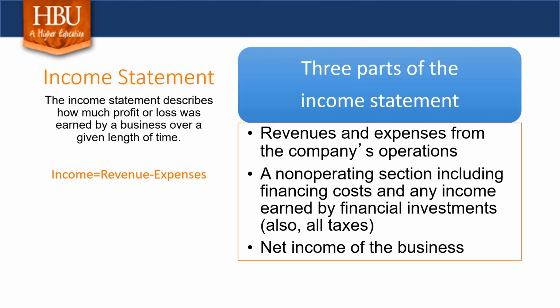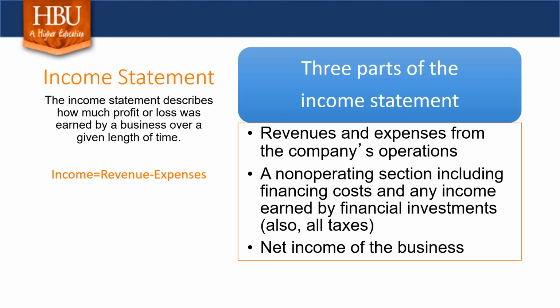Let's look a little further into that income statement. The income statement describes how much profit or loss was earned by a business over a given length of time. It is equal to revenue minus losses. Three parts of the income statement include, again, those revenue and expenses. There's also a non-operating section.